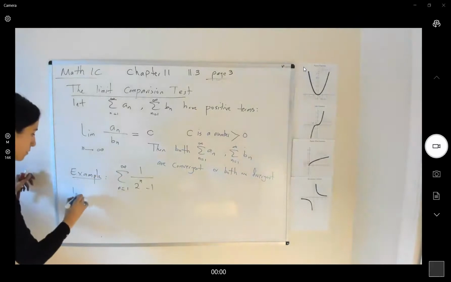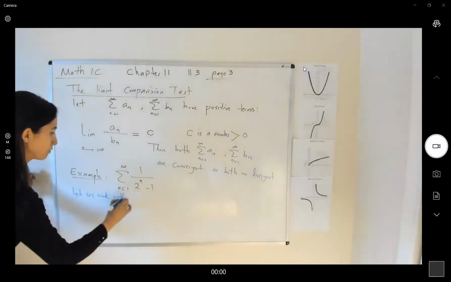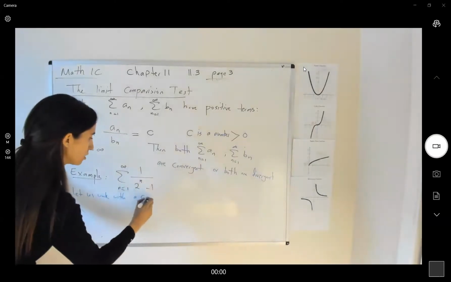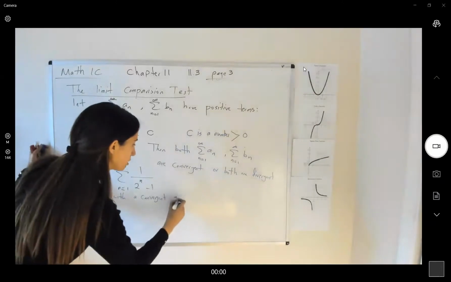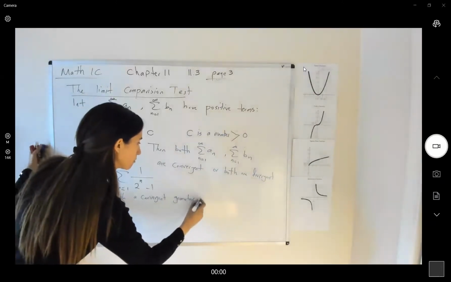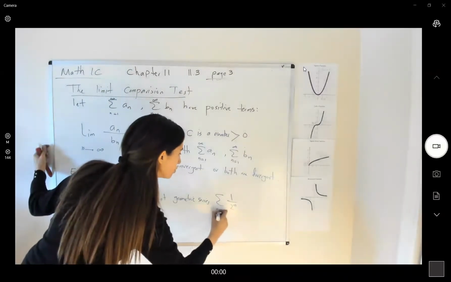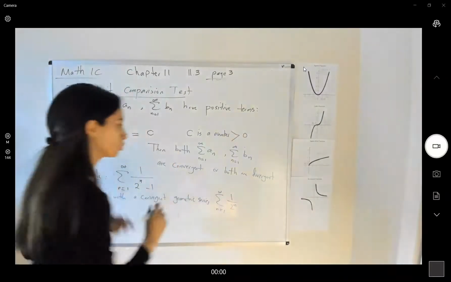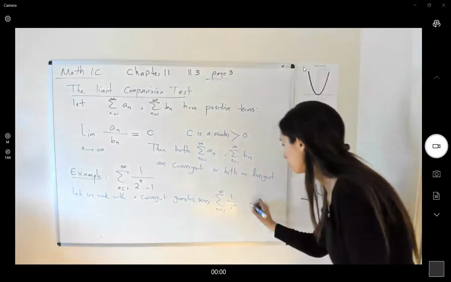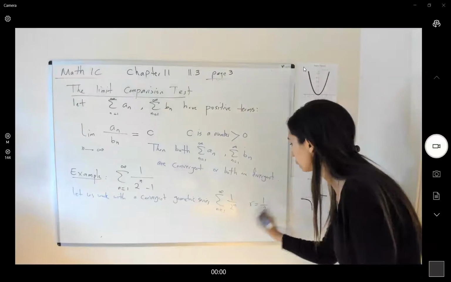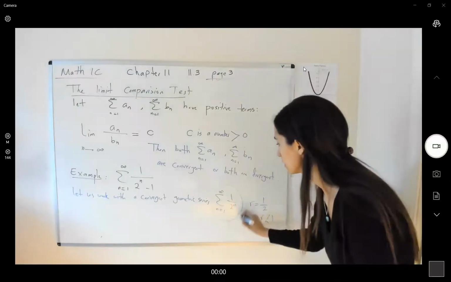So let us work with a convergent geometric series. Sum 1 over 2 to the n, n starts from 1 to infinity. We already know the behavior of this series. The ratio r is a half, r is between -1 and 1, and we know that this is convergent.